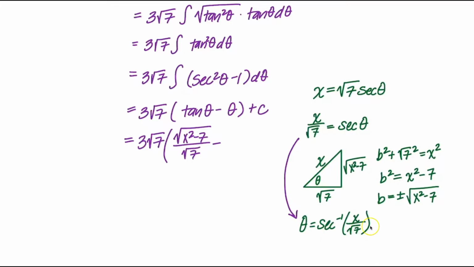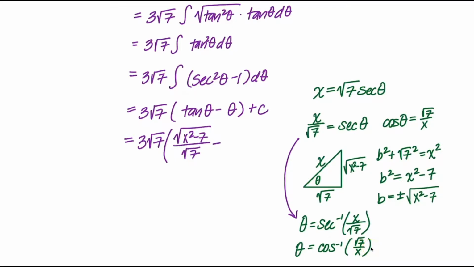Kind of an ugly one, but it works. We could also, if we don't want secant inverse, it's still going to be kind of ugly, we can write this as cosine theta is radical 7 over x, the reciprocal. And then we can say theta is cosine inverse of radical 7 over x. Either one is fine. I'm going to go with the cosine one just because I think cosine inverse is a little nicer than secant inverse.